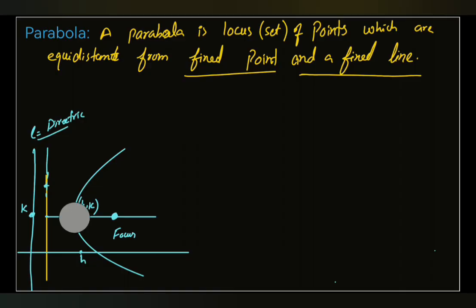So the distance from the center to the focus, let's say it's a. The distance from the center to the left side, to the directrix, is also a, because this distance is equal.